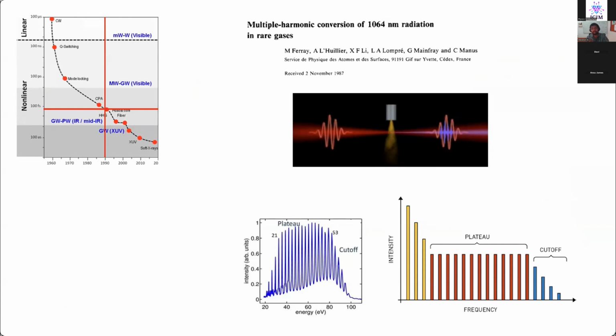So 100 of 800 gives you 1.5 multiplied by 100 eV, that means 150 eV. So 150 eV is 100 photons of 800 nanometer clubbed together. Okay, so what you see here is a spectrometer looking at 20 eV to 100 eV. I think that you understood the concept.